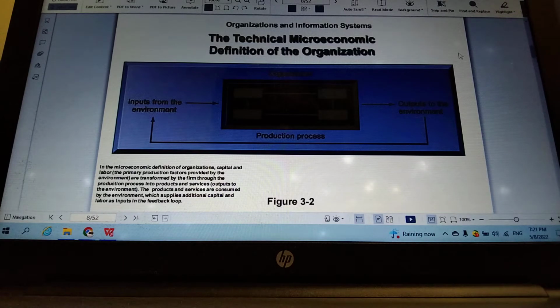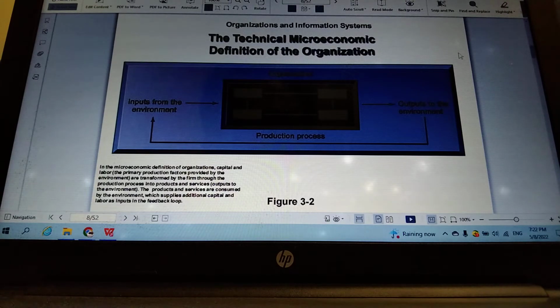So it depends on the quality of the output expectation. In the microeconomic definition of an organization, capital and labor, which are considered primary production factors, are transformed by the firm through a production process into products and services.